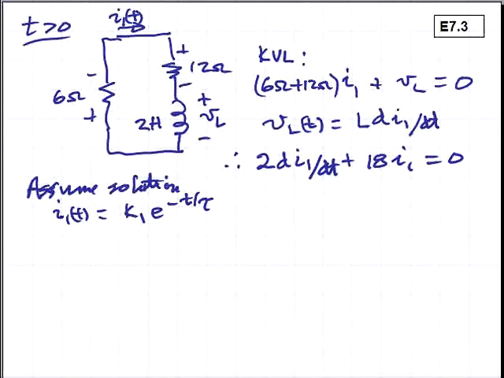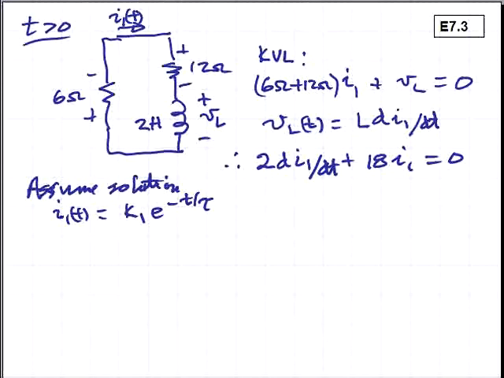Let's think for a moment what happens in this circuit after the switch opens. The energy which was stored in the magnetic field of the inductor begins to be dissipated in the two resistors in this loop circuit, and eventually the current will fall to zero. So this type of assumed solution will provide for that behavior.